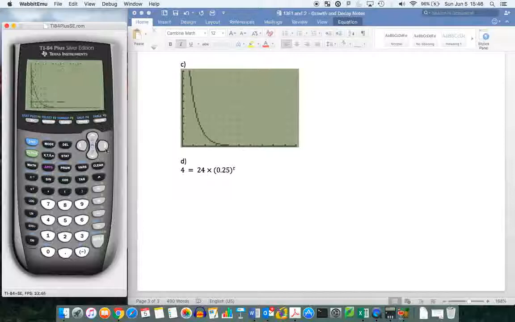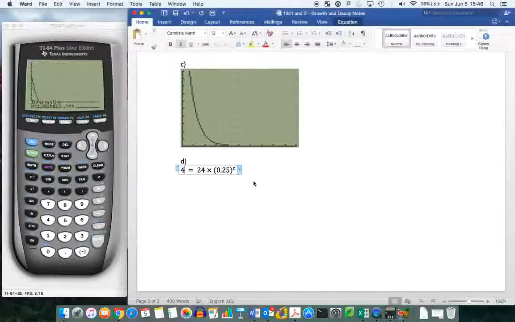Graph that. We've set it up already so that the intersection is visible. So now all we need to do is go second trace, find the intersection for me please, first curve, second curve, guess. So what is that telling me?